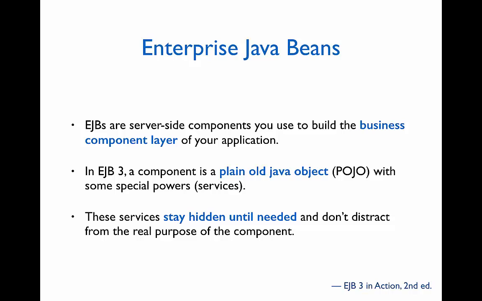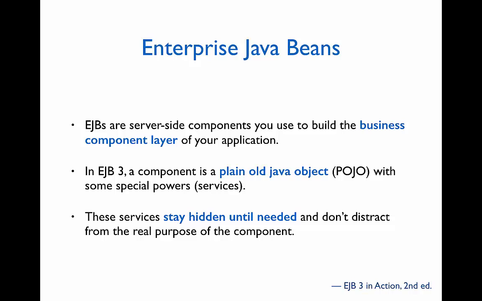So, Enterprise Java Beans are server-side components that you use to build the business logic layer of your application. One of the nice things about EJB 3, as opposed to earlier versions of EJB, is the move towards having EJB components be as close to plain old Java objects as possible.